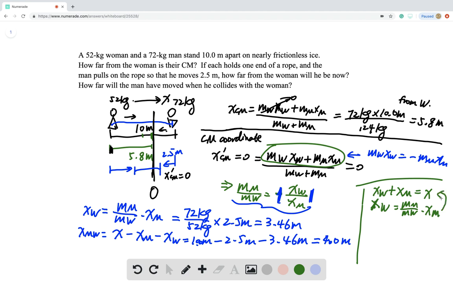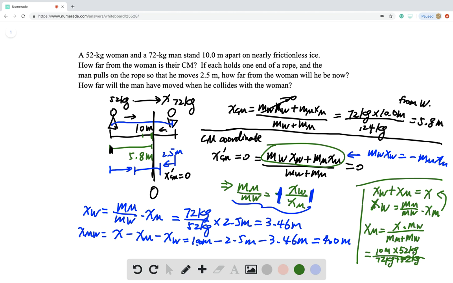If we plug this into the previous equation and organize it a little bit, we will see that the distance moved by the man is equal to the total distance divided by their total mass times the mass of the woman. So it's 10 meters divided by 72 kilograms plus 52 kilograms, times 52 kilograms.